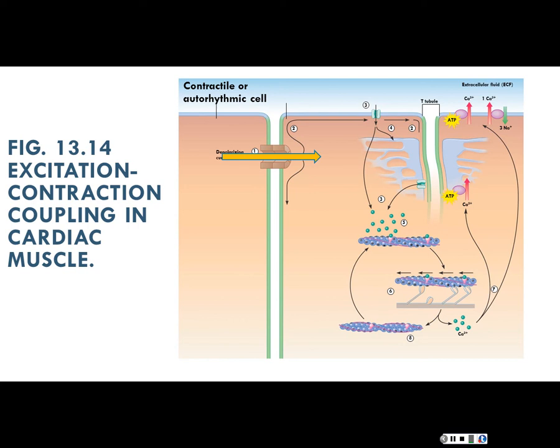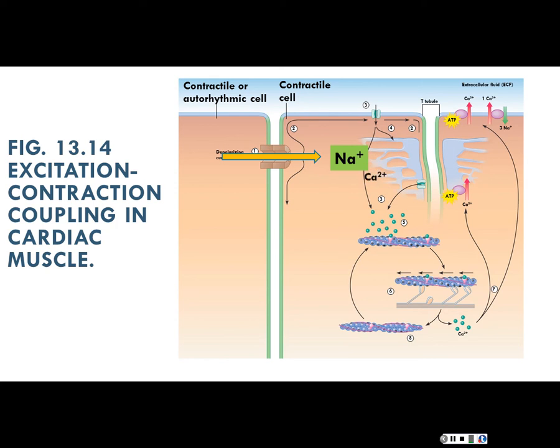If you recall, once a myocardial cell gets excited, we're going to let which ion into the cell to initiate the contraction? Calcium. It's going to flood in from the extracellular fluid. So generate an action potential, and then calcium floods into the cell from the extracellular fluid.